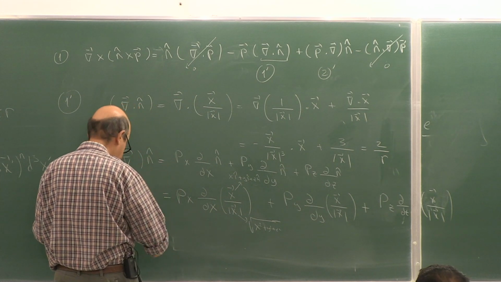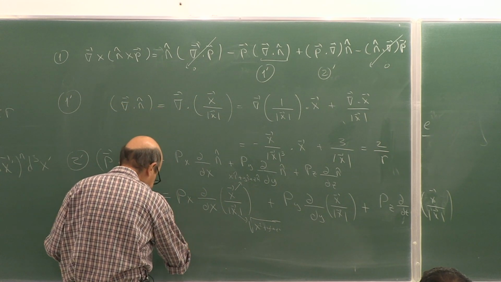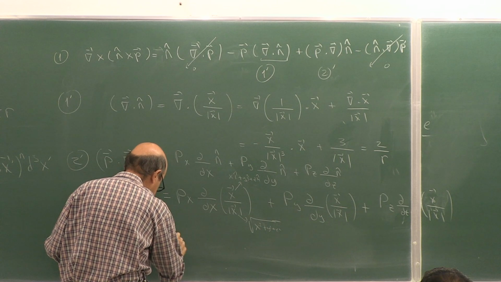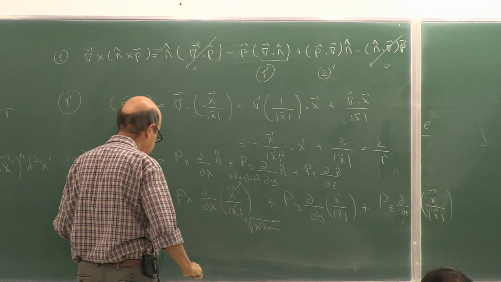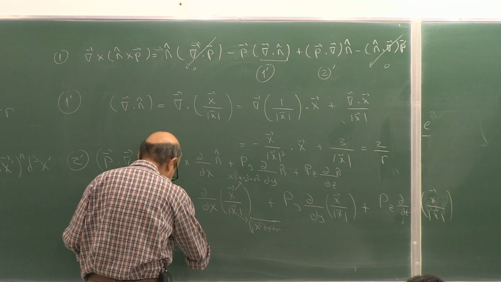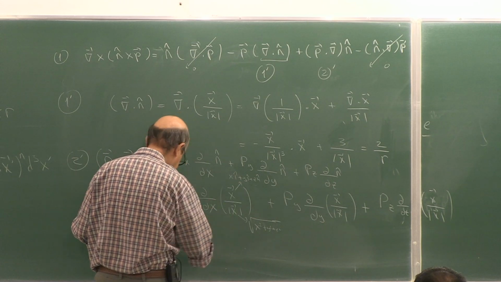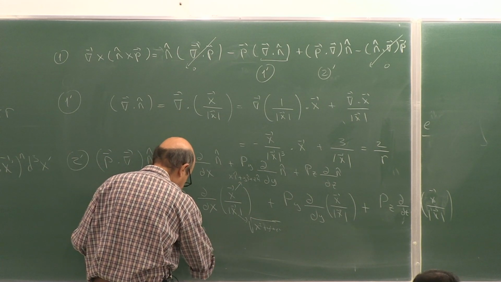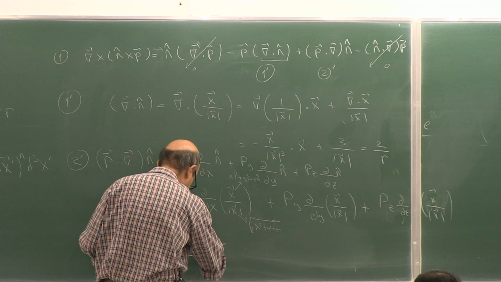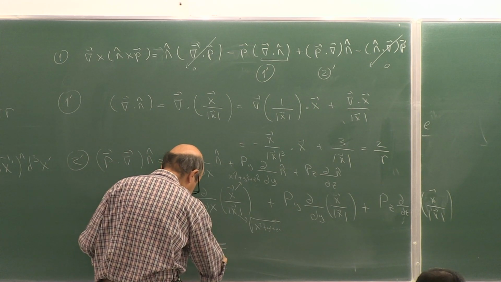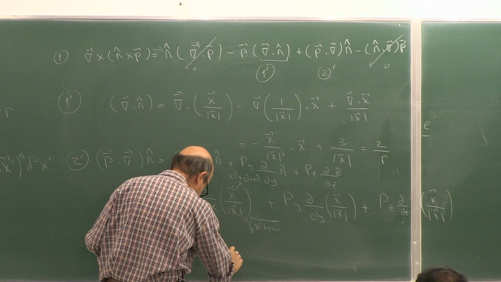Let me do one term and conclude the result quickly. That is px times the derivative of x, which is i divided by x squared plus y squared plus z squared.